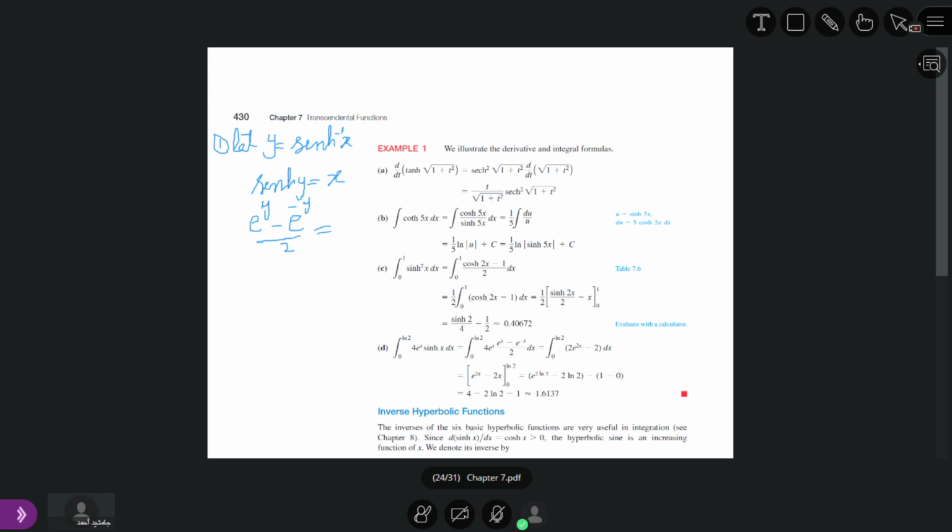After that, we take cross multiplication. It means 2 will multiply with x. So we have here e power y minus e power minus y is equal to 2x.